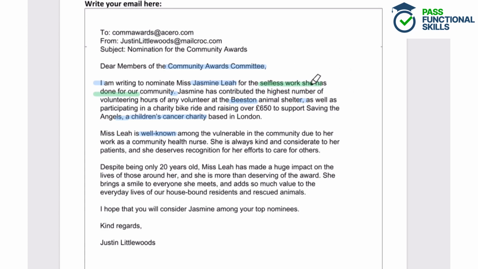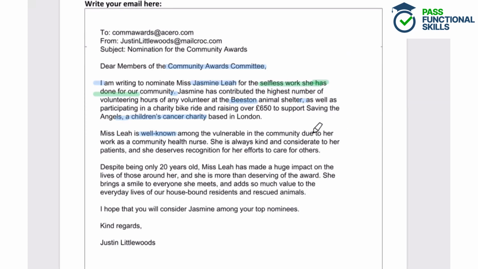Because we are talking about a she, we say she has done. If we were talking about multiple people, for example, a they, we would say they have done. So we've changed that verb there depending on the person. So make sure that you are using the correct verb depending on the noun that you are using, depending on the subject of your sentences.